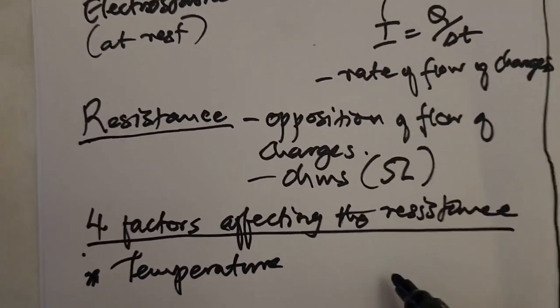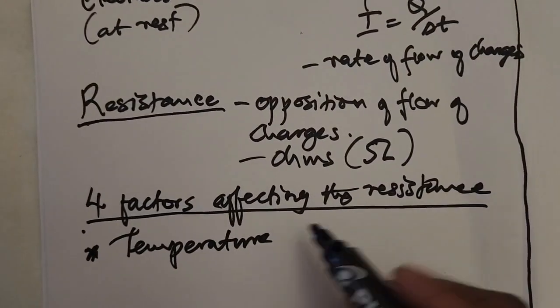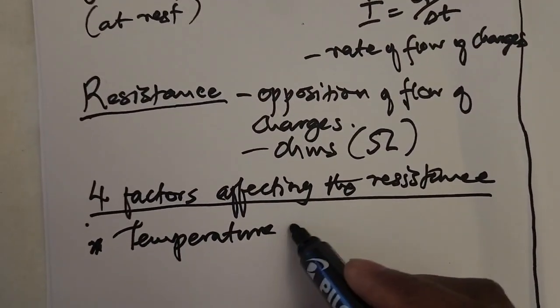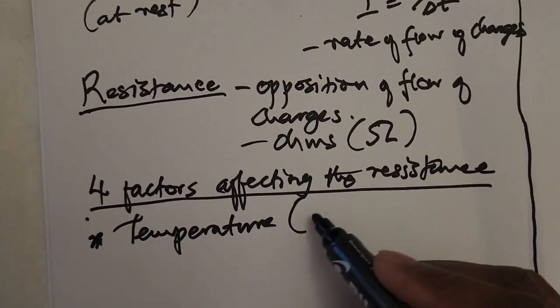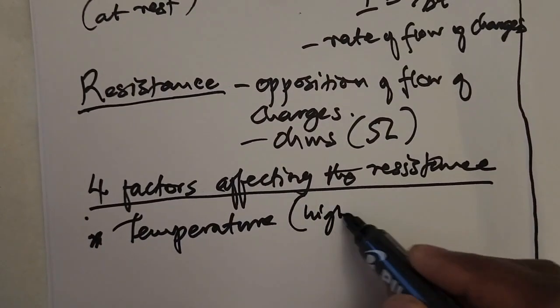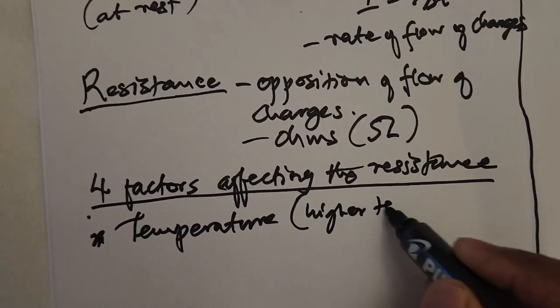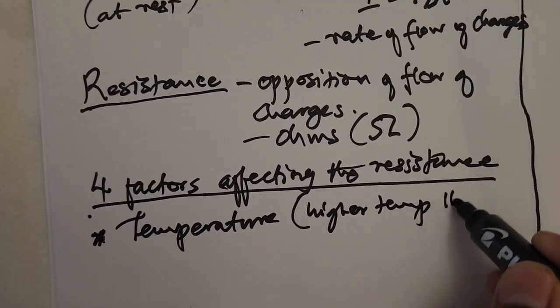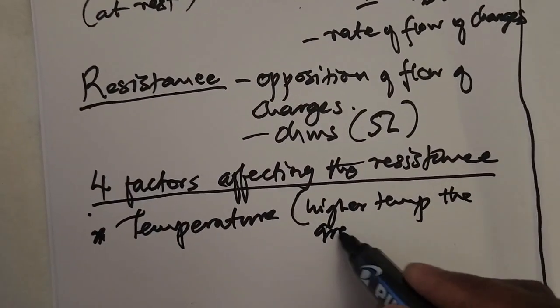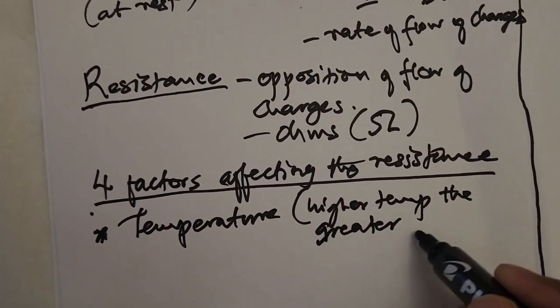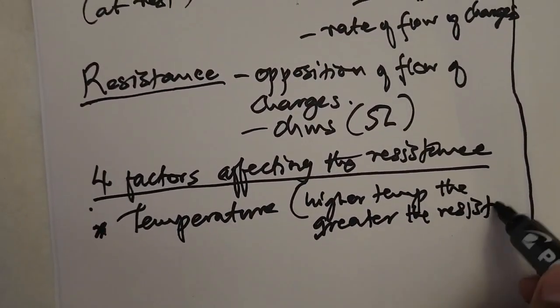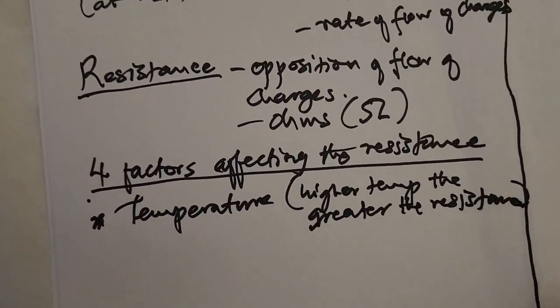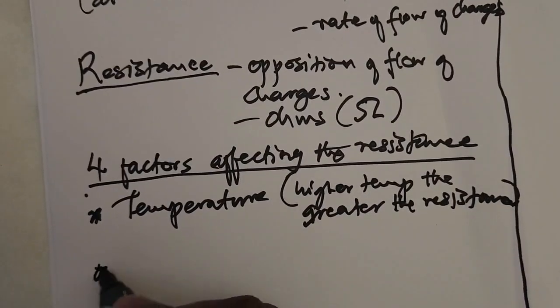You'll remember this one in Ohm's law, we'll talk about it. The higher the temperature, the greater the resistance. Once the wire becomes very hot, the resistance is increasing.